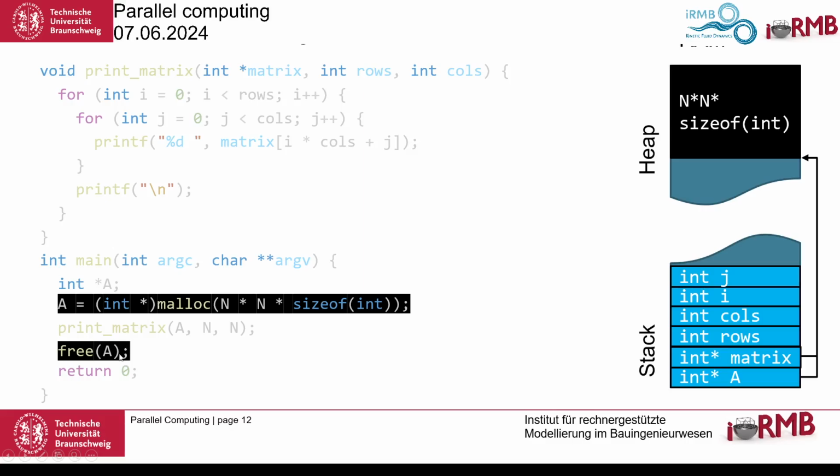So the old version of the destructor is this free command. You have allocated memory and then you have to free the memory again. It's the same thing as in C++. If you don't free your memory, you have a memory leak and your application will kill your computer after some time.